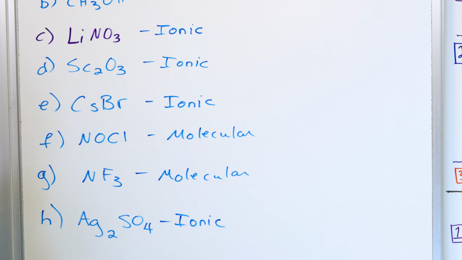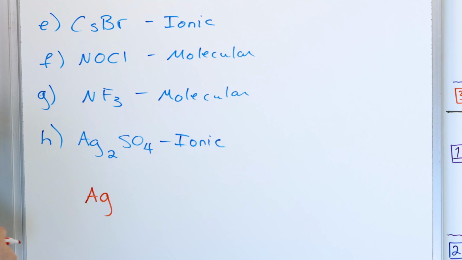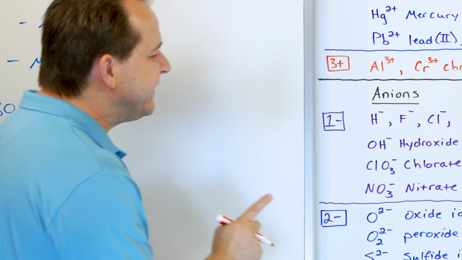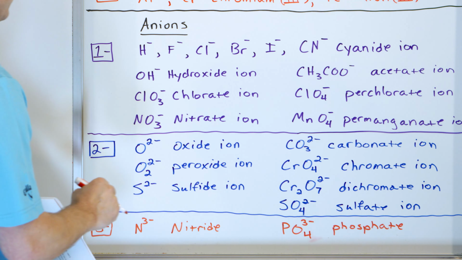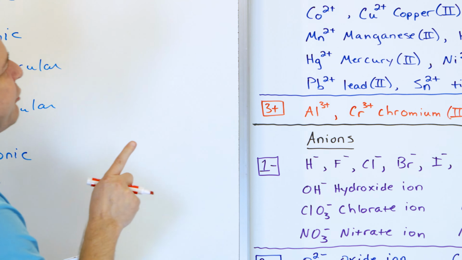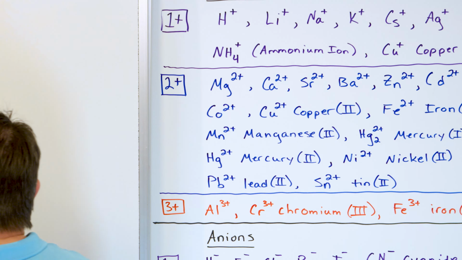Even though this is not really part of the problem, we'll just pretend that we didn't know what this is. Let's say we're going to attach silver with SO4. SO4 we know exists as a polyatomic ion with a charge of -2. So we just put the -2 right there, and from our chart, silver generally likes to form ions with a +1 charge.